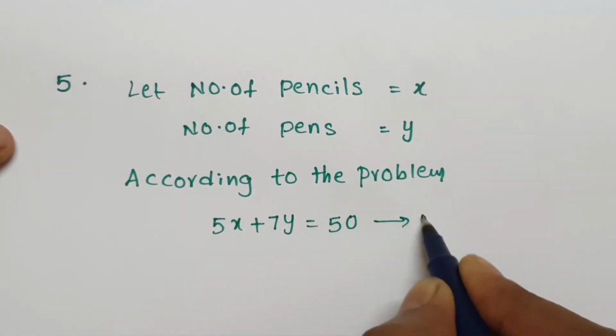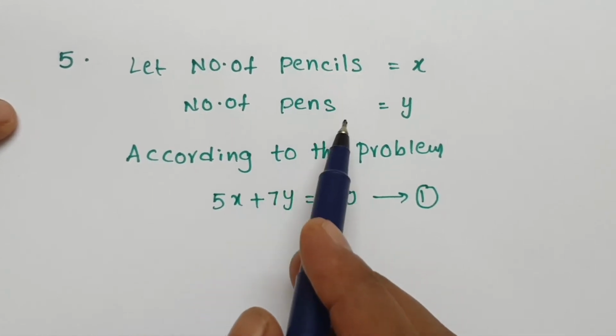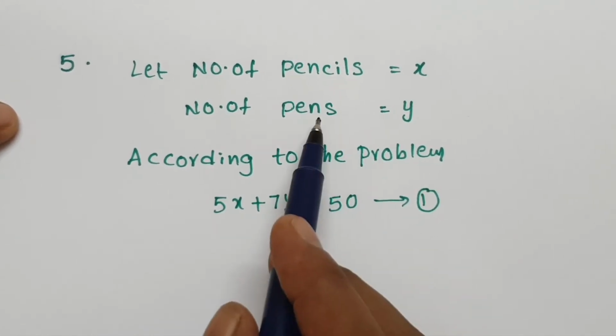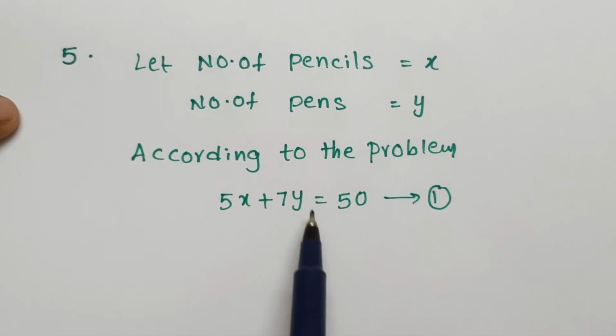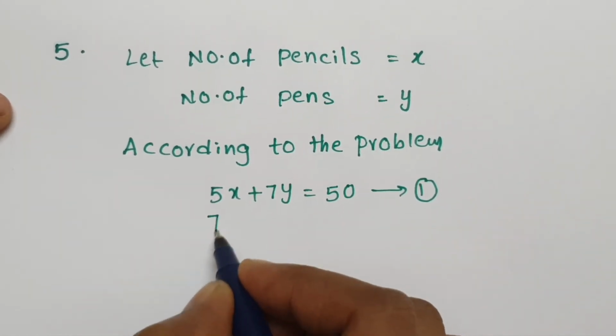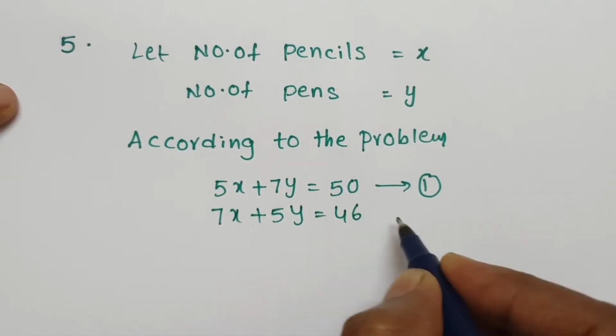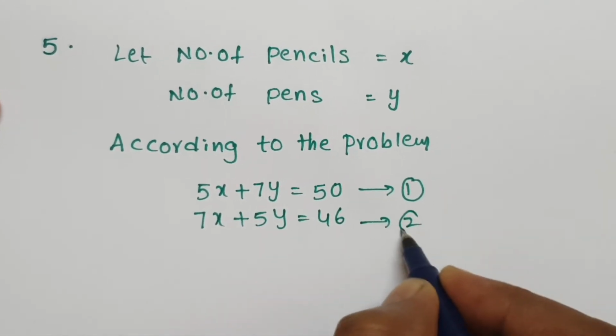This is equation number 1. And next, 7 times pencils and 5 times pens total 46 rupees. Means 7x plus 5y equal to 46. This is equation number 2.